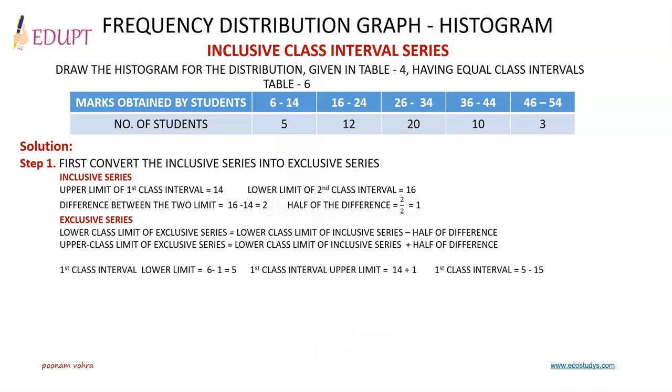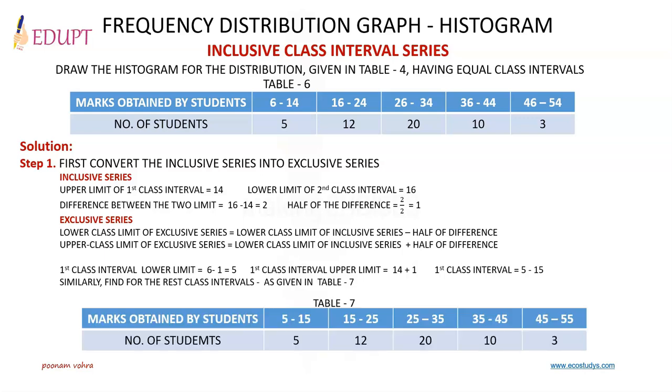So first class interval lower limit is then 6 minus 1, which is 5, and first class interval upper limit would be 14 plus 1, that is 15. So the class interval would be 5 to 15. Similarly, one can find for the rest of the class intervals, and have a look at table 7 here.